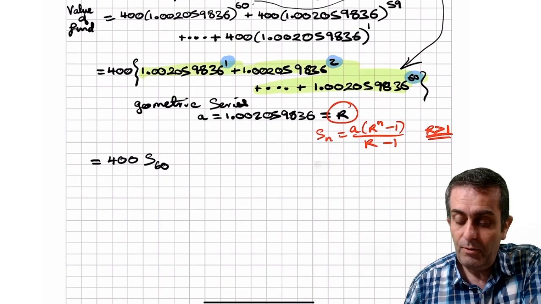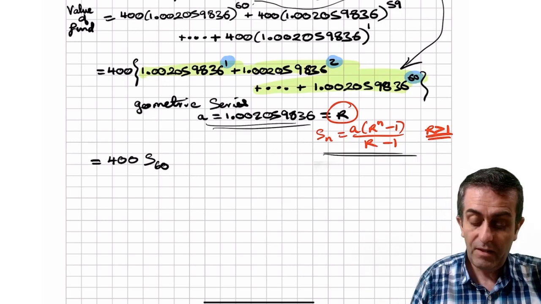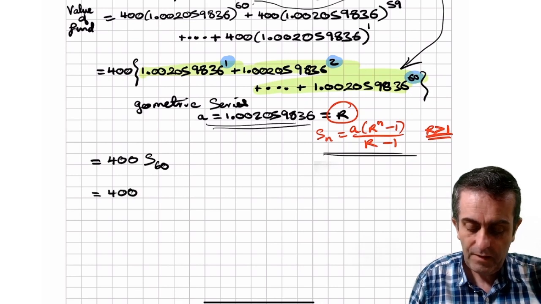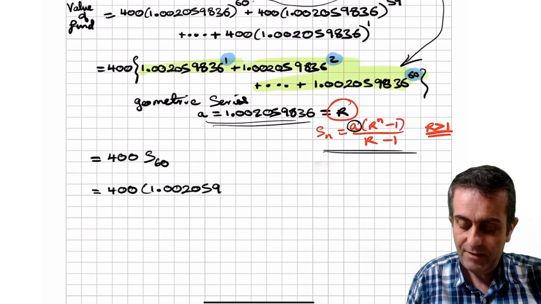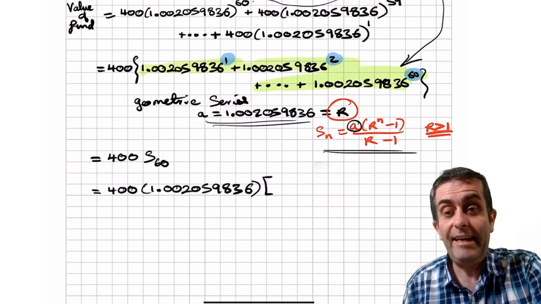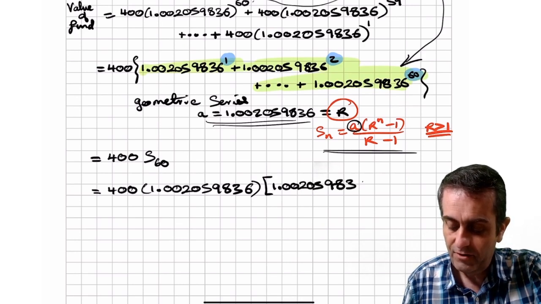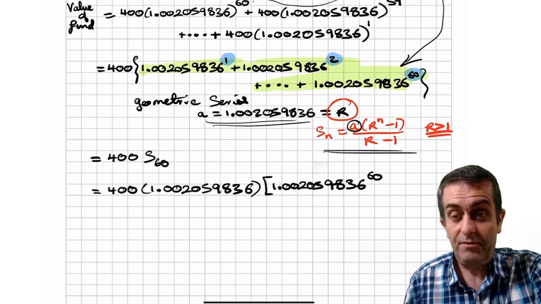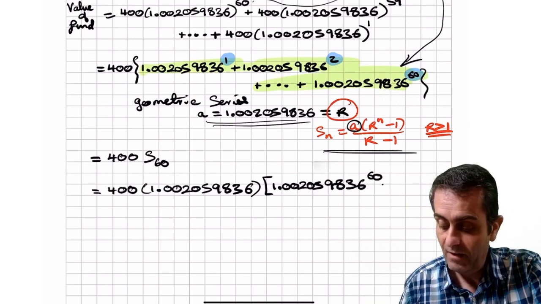Now, at this stage, we substitute the values that we have into this formula to calculate the value of the fund. So this is 400 multiplied by, well, first of all, we have A, which is 1.002059836. Then we have r to the power of n minus 1. Now, r is also 1.002059836. And we put that to the power of 60 because in total, this woman, Susan, makes 60 lodgements into her savings account.